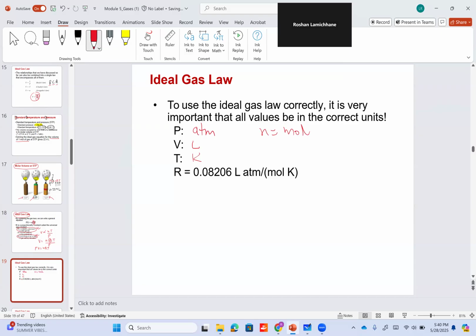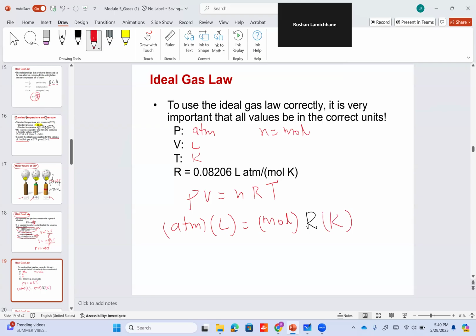How does that work? So this is our formula, PV equals nRT. I'm going to write down all my units. P is in atm. Volume is in liters. Number of moles is in mol. My R is my unknown, so I'm trying to figure out the unit for R. And my temperature is in Kelvin.